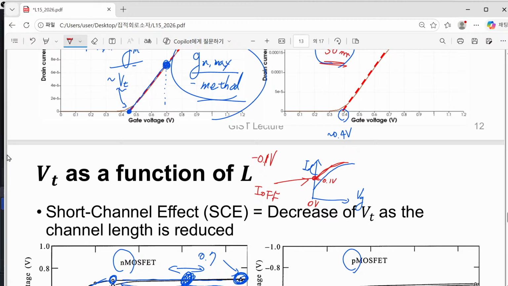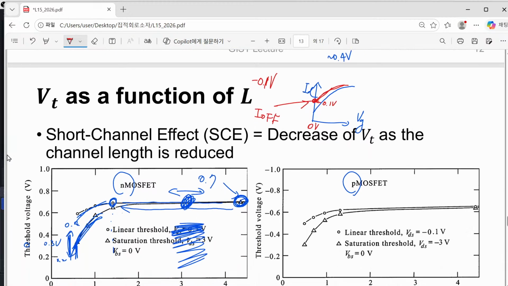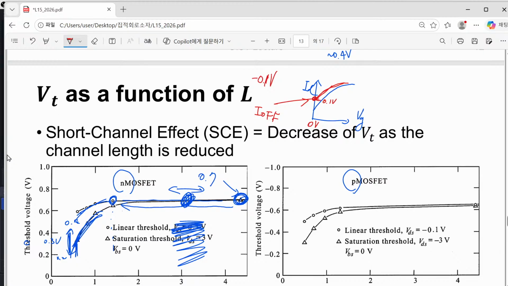So simply speaking, nobody can survive with this instability or fluctuation in threshold voltage. If our circuit engineers or circuit designers are generous about threshold voltage shift, then as a device engineer, we will be quite happy, but they are not.